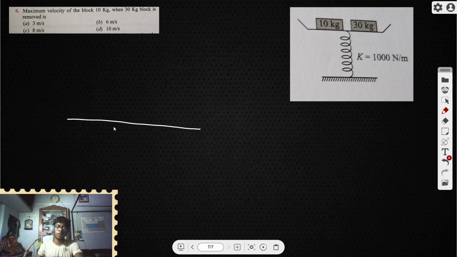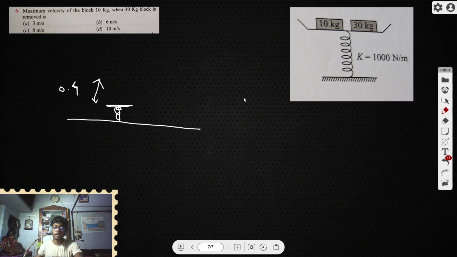For example, this was the ground, and when both the 10 kg and 30 kg were there, it was at a height this much, right? Now, when this 30 kg is removed, the compression, when both of them were there, was 0.4. Am I right?